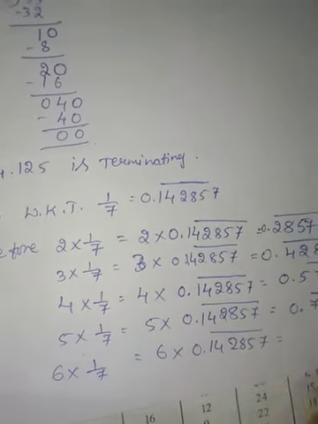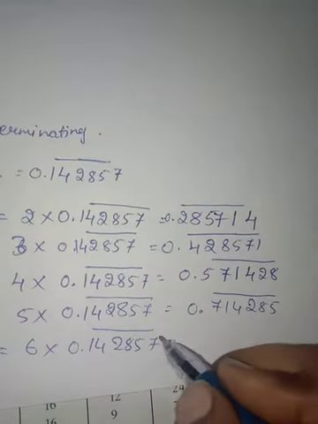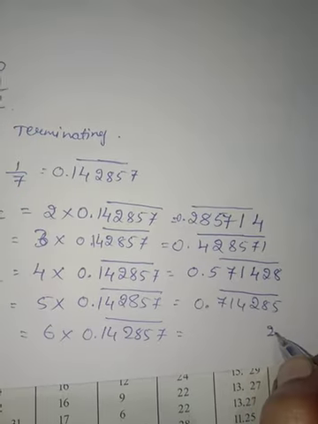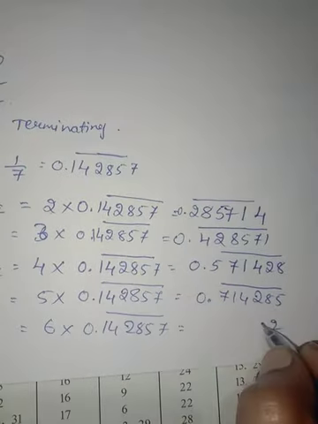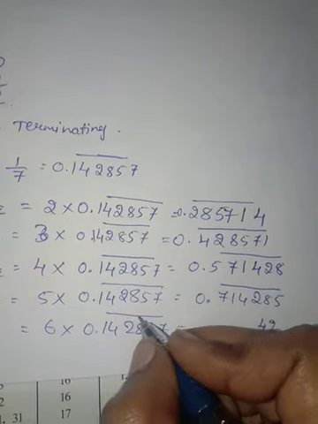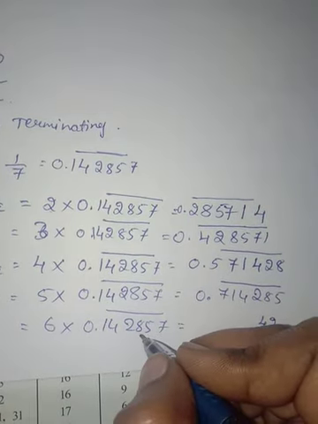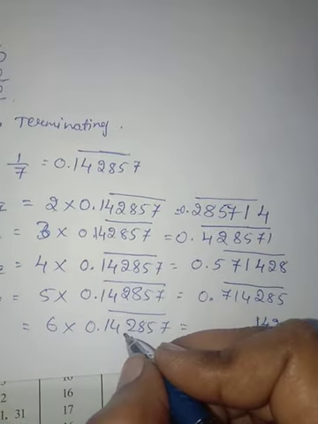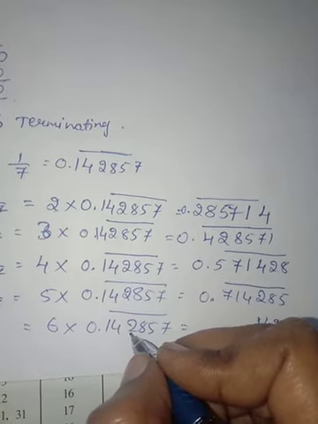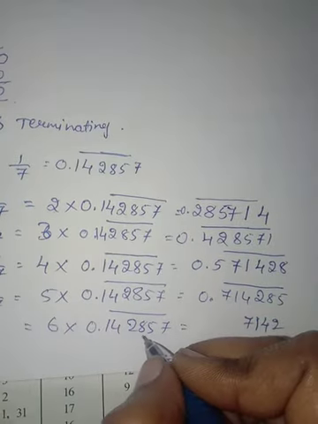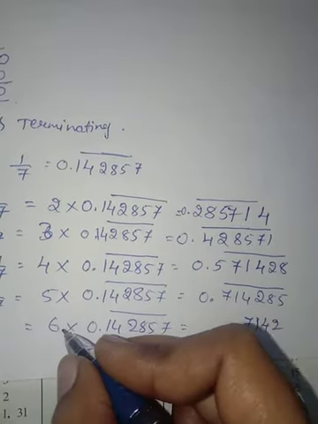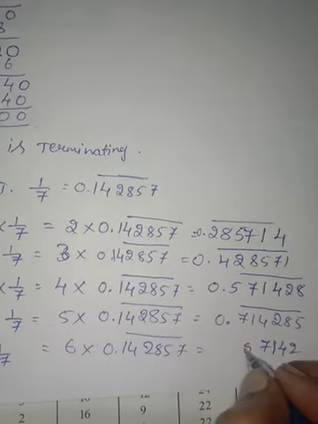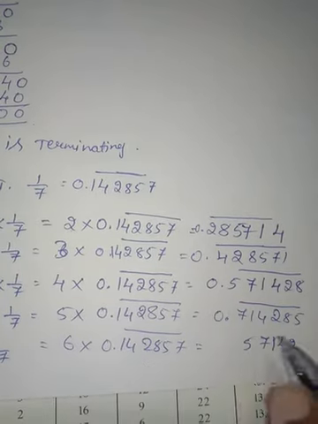0.142857. Then if you multiply this one, 7 sixes are 42, 4 carry, 5 sixes are 30, 30 plus 4 is 34, 3 carry, 8 sixes are 48, 48 plus 3 is 51, 5 carry, 2 sixes are 12, 12 plus 5 is 17, 1 carry, 4 sixes are 24, 24 plus 1 is 25, 2 carry, 1 six is 6, plus 2 is 8.